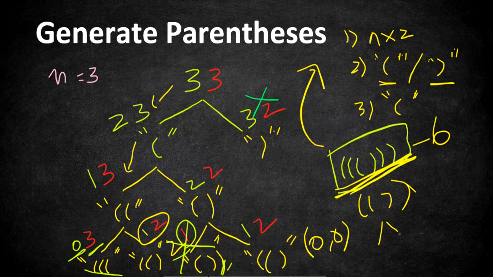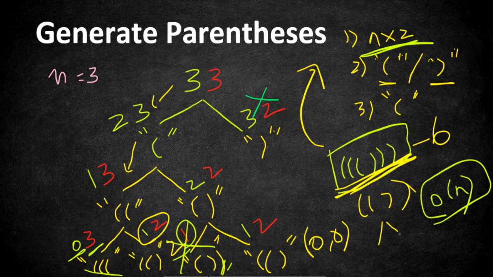And talking about the time and space complexity is pretty simple. As we need to form a string of length n into 2, we are going to use big O of n space to construct our valid strings. But talking about the time complexity, we are going to explore all possible brackets and skip the invalid ones.